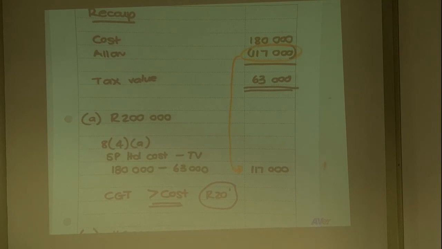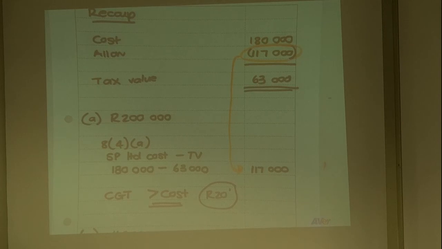While I'm waiting for it to start up, let's just speak about the next slide. It's speaking about connected persons. It's just saying that when you are doing this calculation for connected persons, irrespective of what the asset is sold for, you will always use the market value as the selling price. Why? Let's think about it. If you and I are connected and the selling price should have been 500,000 Rand, but I sell it to you for 20,000 Rand, obviously I'm not going to have a recoupment, which is great because I don't have to be taxed on it.